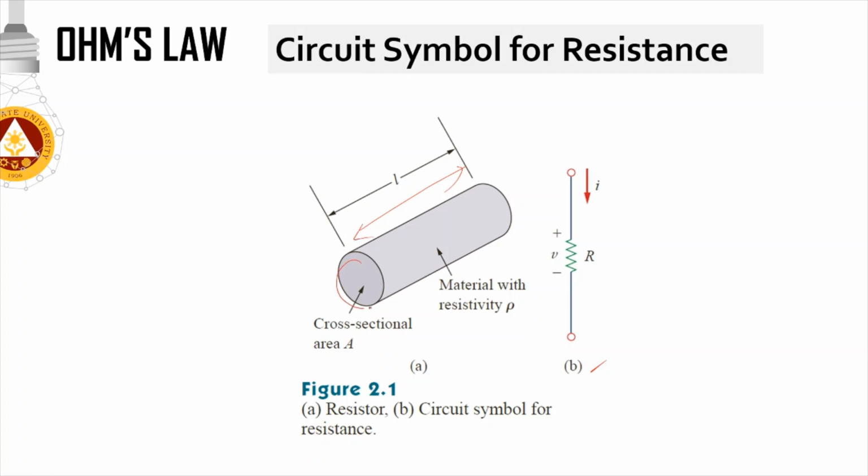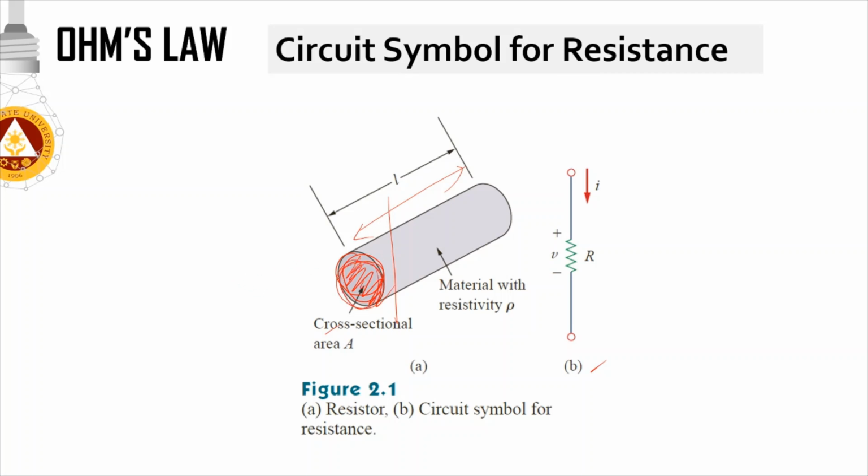Take note ha, the area should be a uniform cross-sectional area. If we cut the material cross-sectionally, yung makikita nating area, that would be our area na isa-substitute dun sa formula.